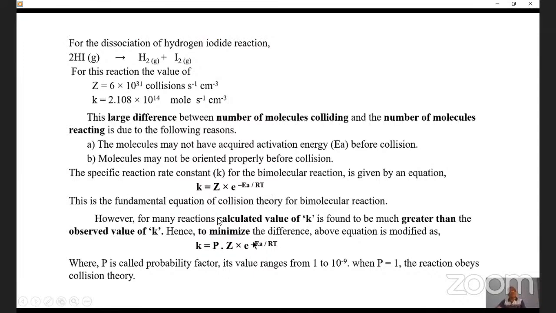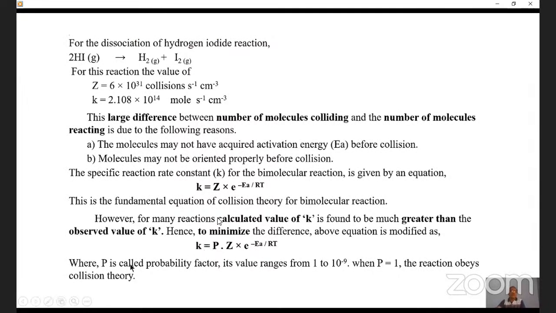However, for many reactions, the calculated value of K is found to be much greater than the experimentally observed value of K. Hence, to minimize this difference, the above equation is modified as K is equal to P into Z into the Boltzmann constant.